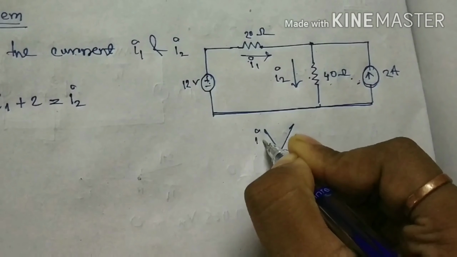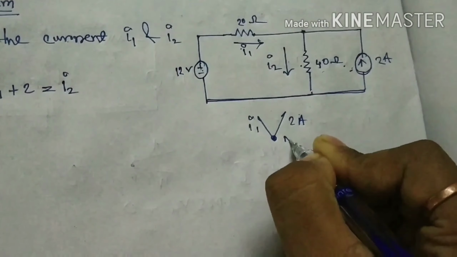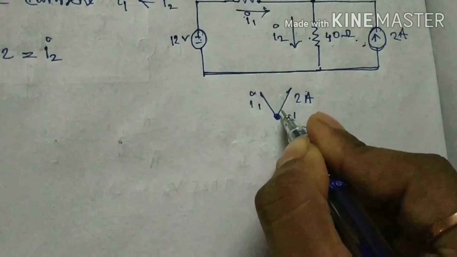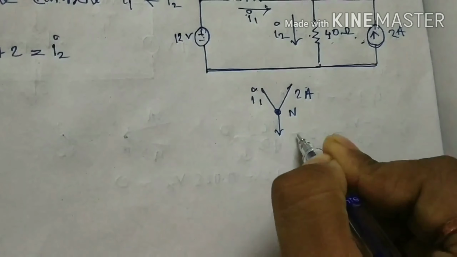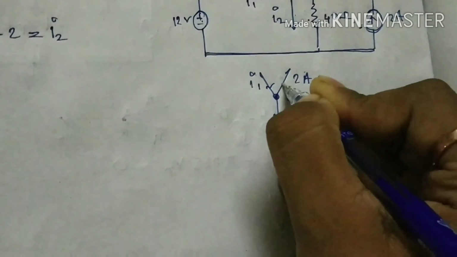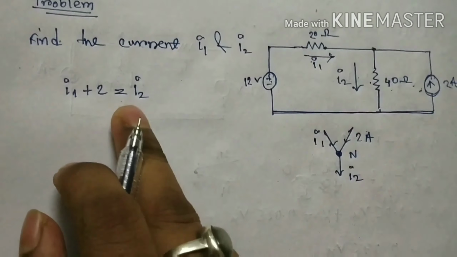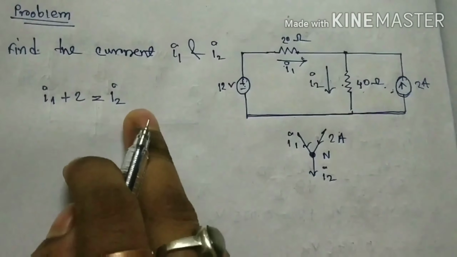I1 current and 2 ampere current are coming to the node, and I2 current is leaving from the node. So according to KCL, I1 plus 2 ampere will be equal to the I2 current.